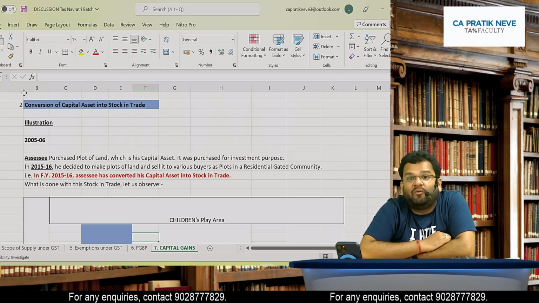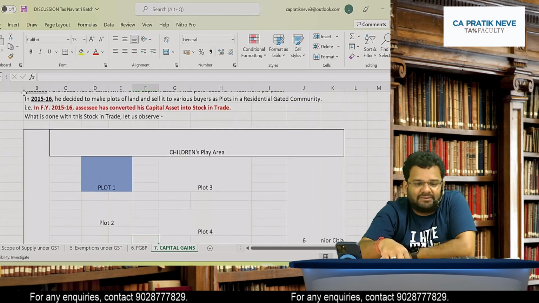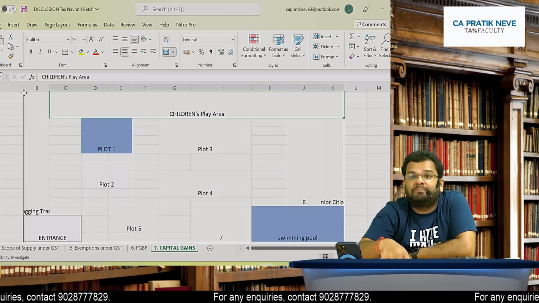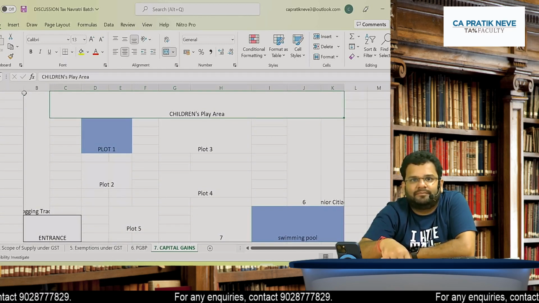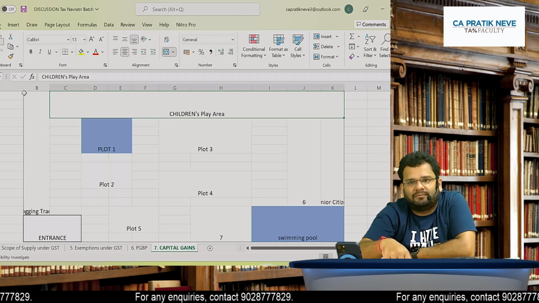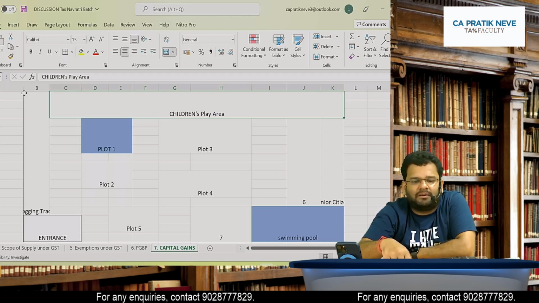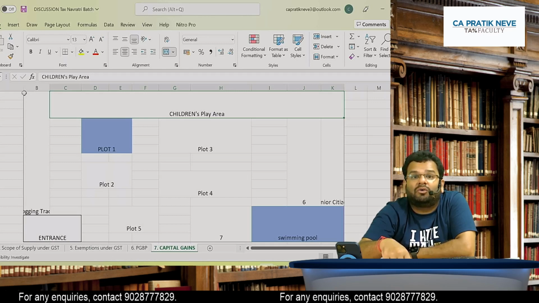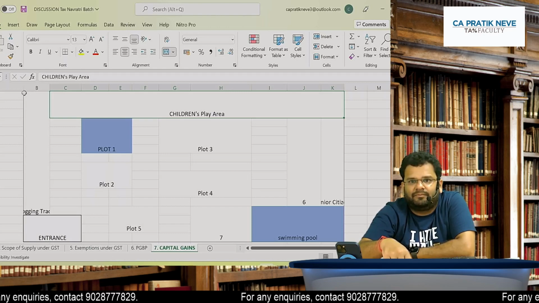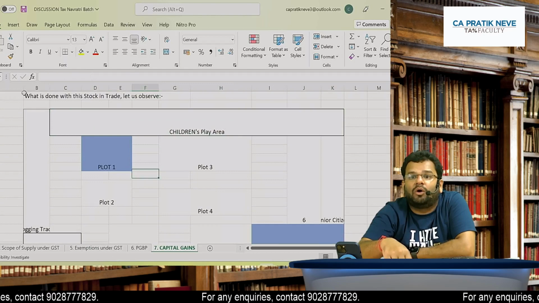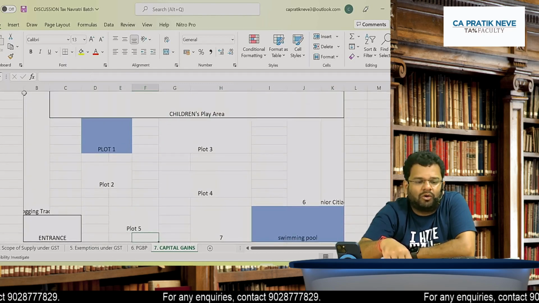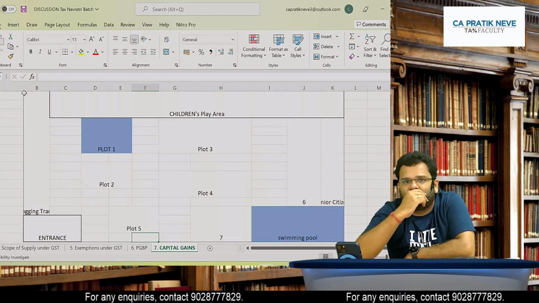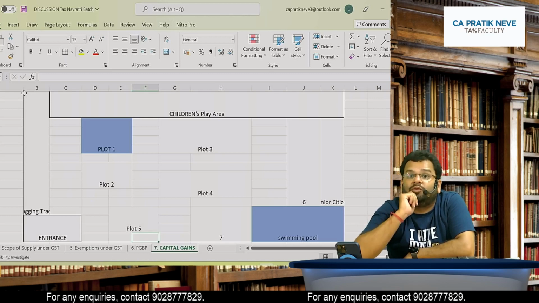What I'll do is, with the help of this diagram, I'll explain to you. A few years back I purchased a plot of land. It's a reasonably big plot. Now there is a trend that all want to have a second home, or a bungalow somewhere, maybe at the outskirts of the city. So my land is suitable for that.